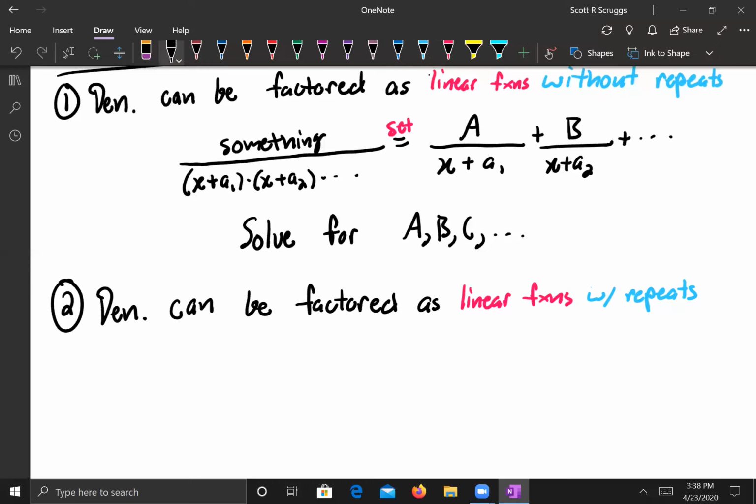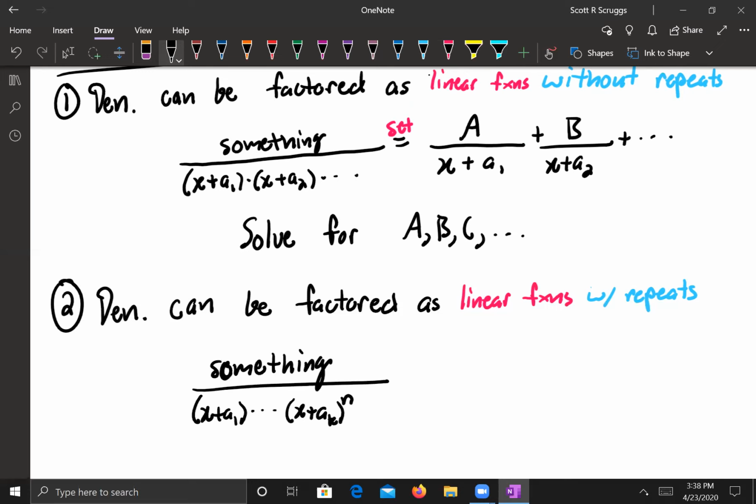What I mean by a repeat is that when I factor the denominator of the rational function, I have something, and then x plus a1 again, and I keep going, but somewhere I have a linear function in the denominator being raised to a different power, like squared, cubed, and so on.